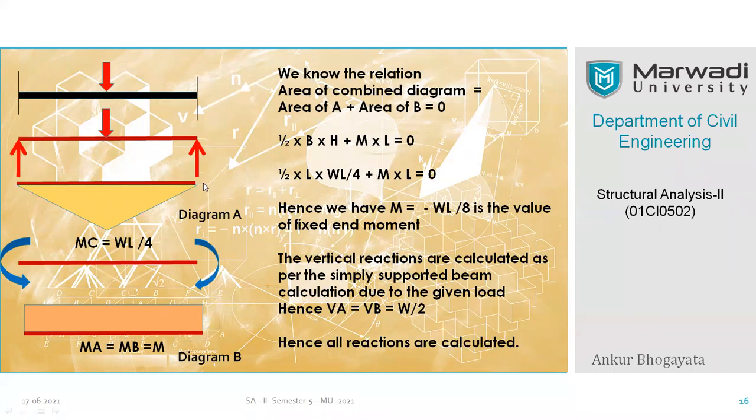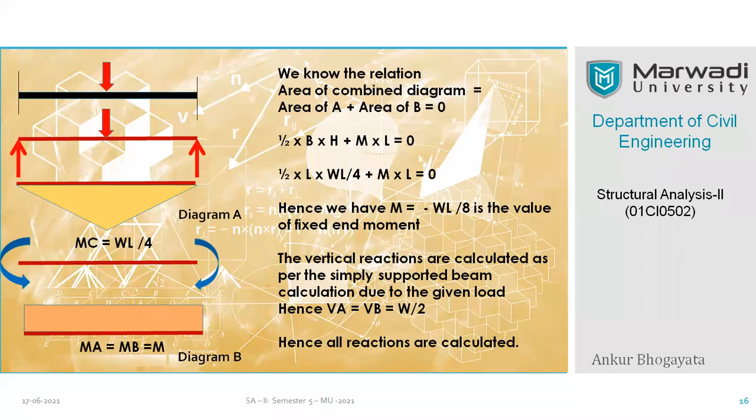And I'm sure that there is nothing tough to understand on this. But this is one of the techniques, and this becomes a little complex when you have complexity in loading, right? So we'll take some similar numerical examples also, and it will enhance your understanding of how to calculate unknown quantities at the supports in the fixed beam for a variety of loading in future.